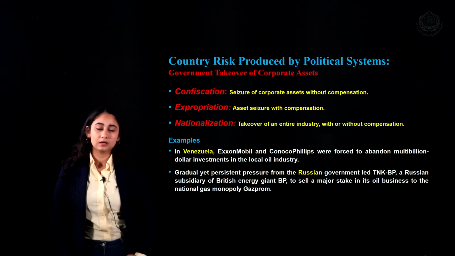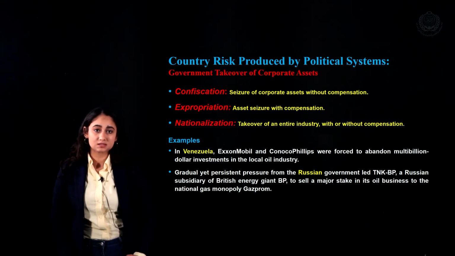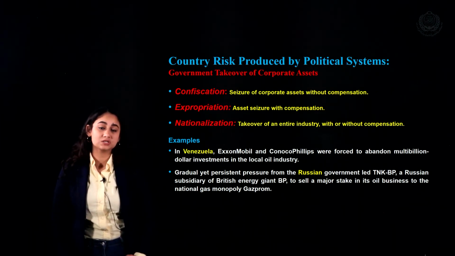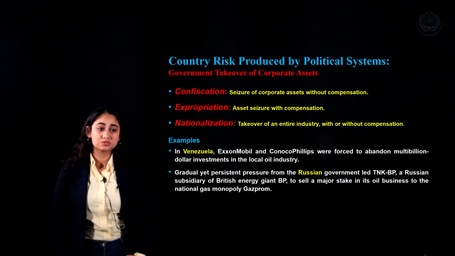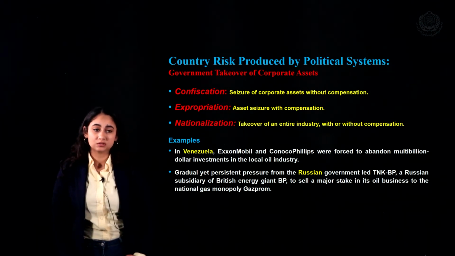Usually they are categorized into three different ways. One is confiscation. Confiscation is where the government takes over the corporate assets without any compensation given to the company or the organization. Another way is expropriation.